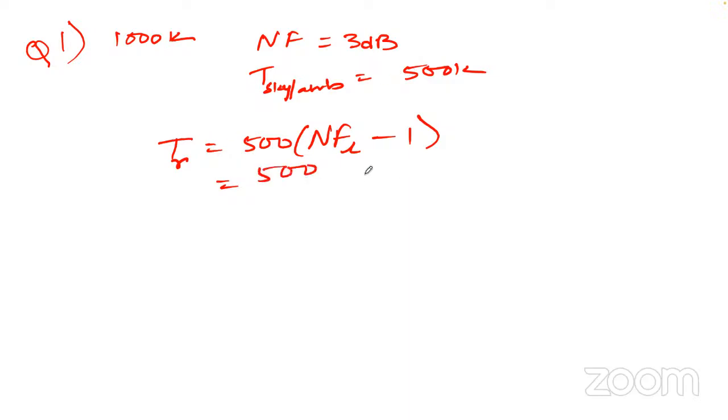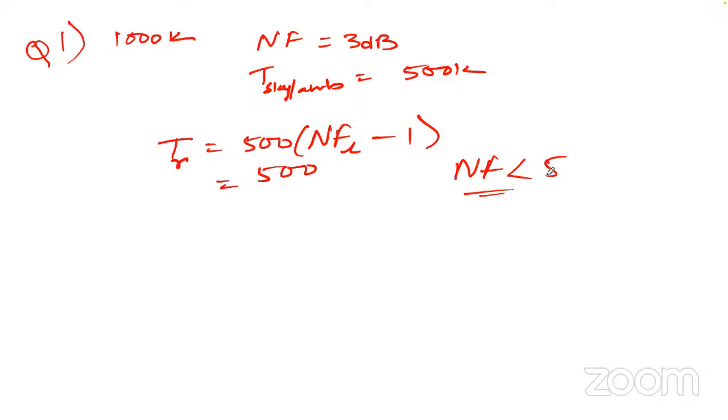Now, I once said that if you have a very low noise figure, approximately NF less than 5, then instead of the linear quantity, you can directly put the noise figure value there.